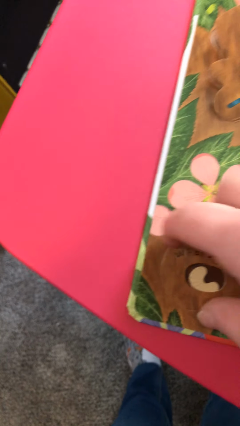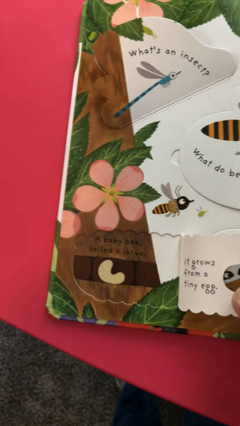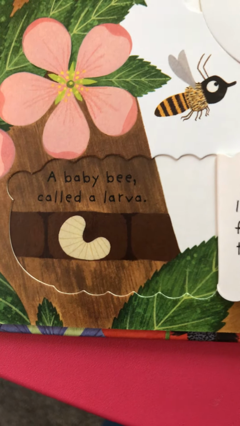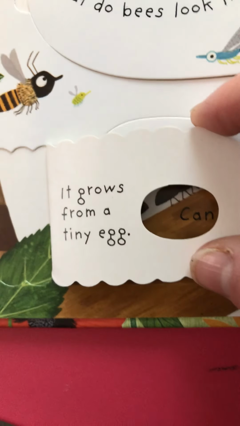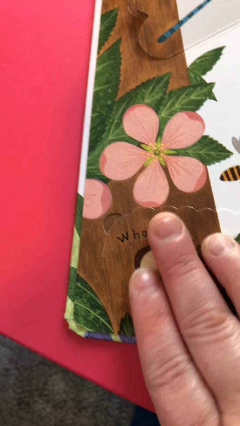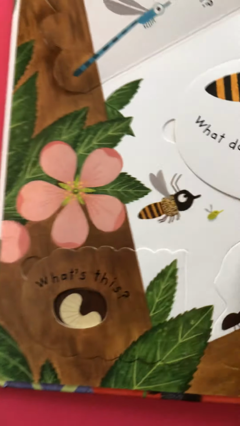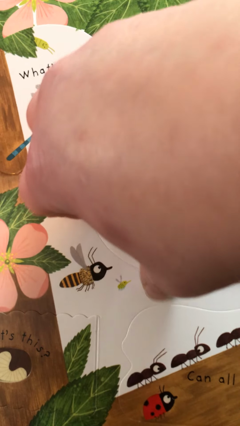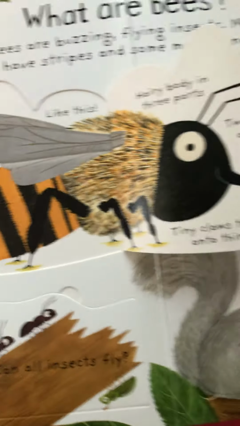Let's see, what is this? That is a baby bee and it's called a larva. It grows from a tiny egg. And then we have, what do bees look like up close? This is a bee.